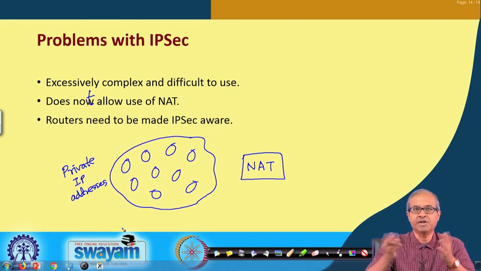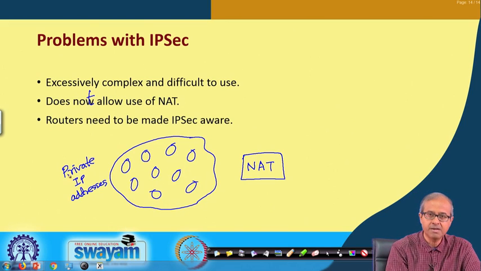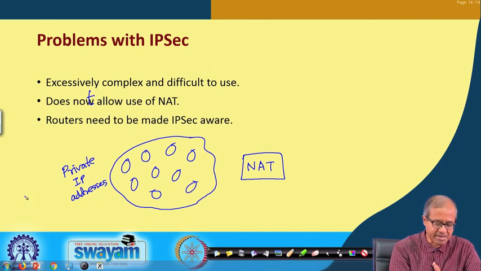So, I do not have to take permission from anybody to use them, and because there are so many computers, we can assign one unique private IP address to each machine. But the problem with private IP addresses, like here we are using a class A address that starts with 10 dot something.